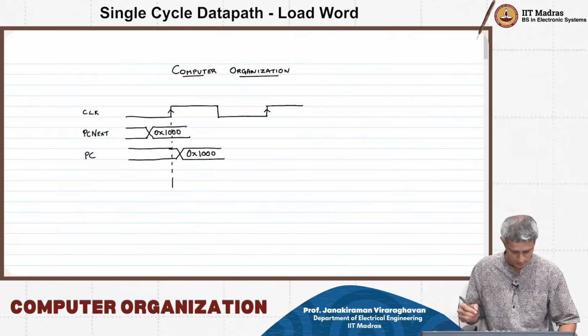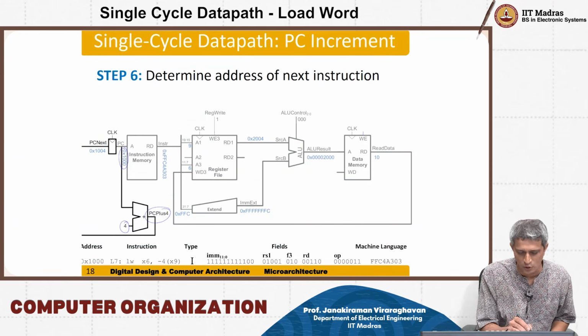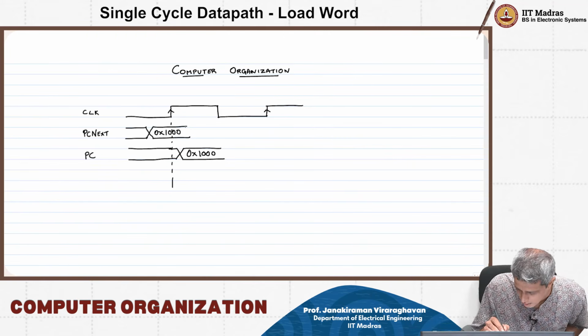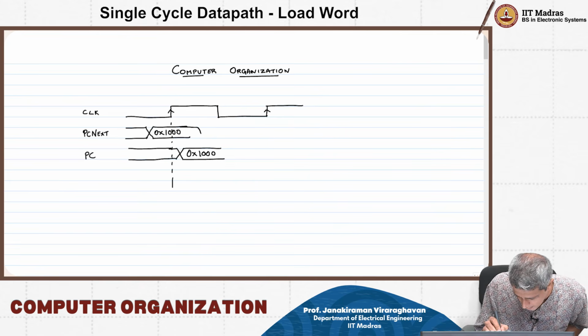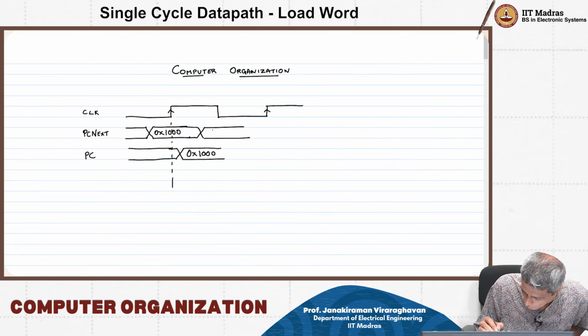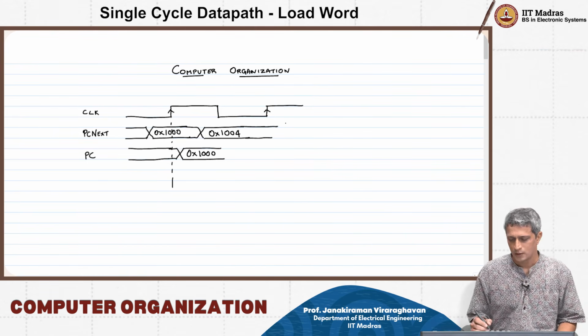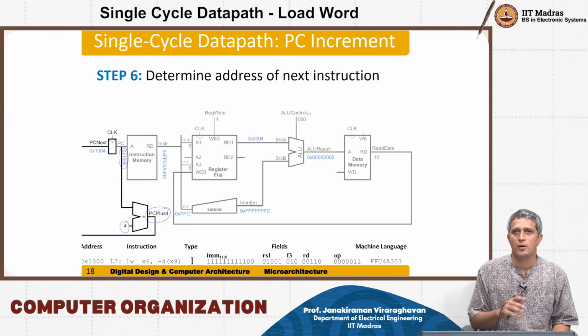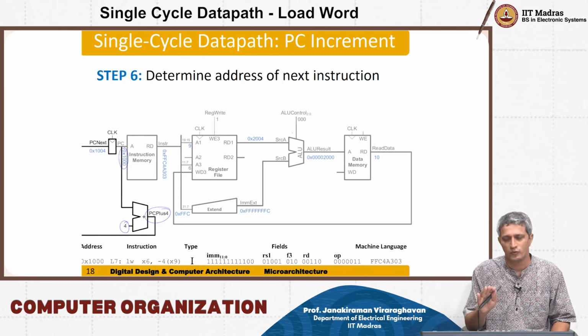If you look at the control signal here, PC plus 4 is actually the PC next. So as soon as my PC gets this, it will become 0x1004. With that, we have completed the data path implementation of the load word instruction.